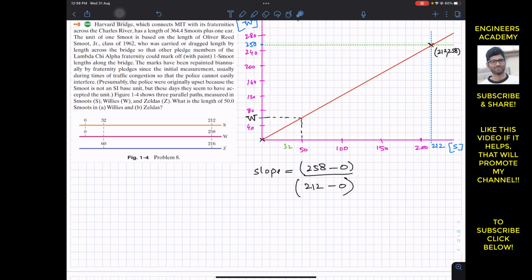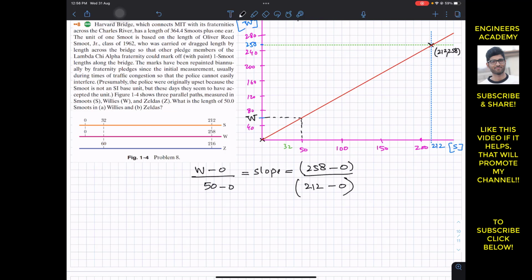So we can find the slope between this point and this point using the same formula. This rise will be W minus 0, divided by the run, which is 50 minus 0.